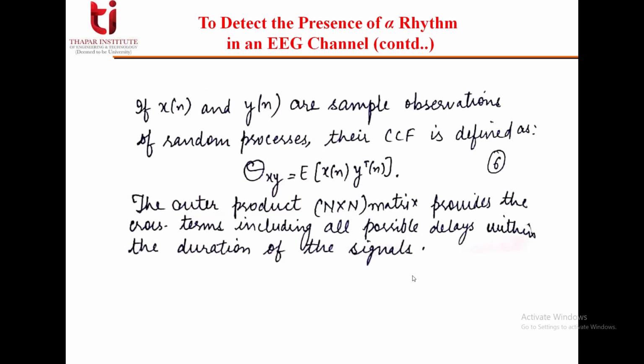This is an N cross N matrix that provides the cross terms including all possible delays within the duration of the signal.